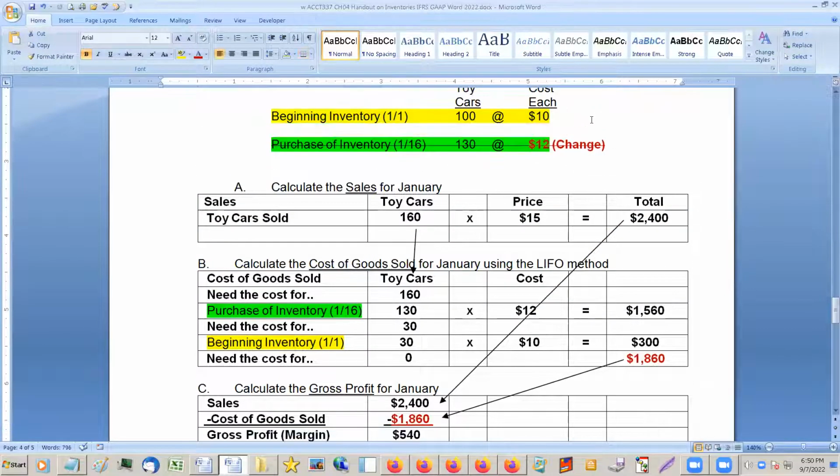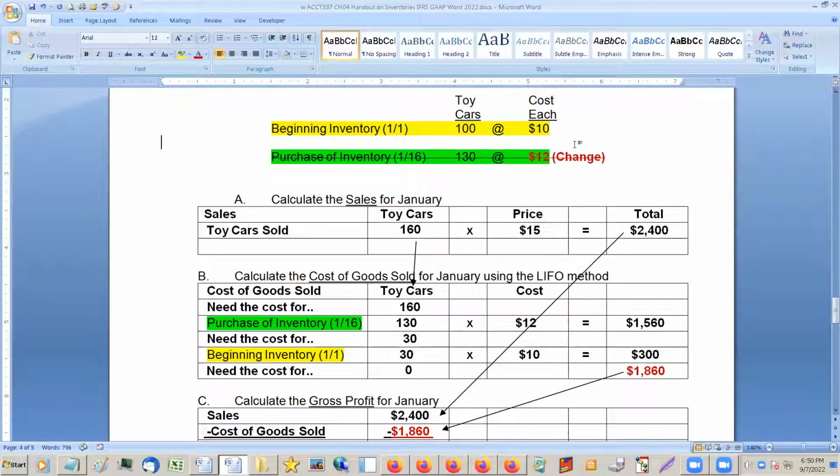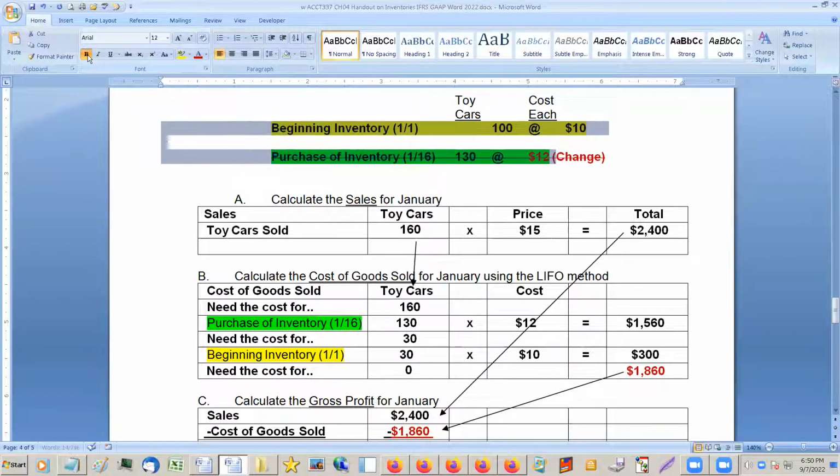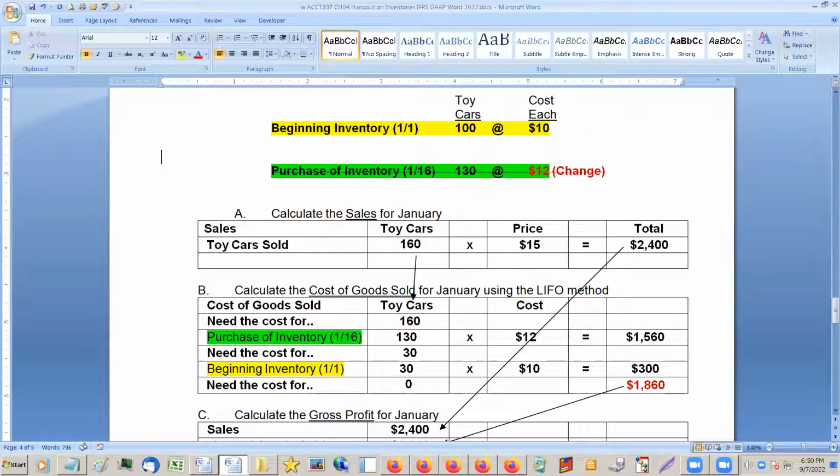Okay, and down here, we have our ending inventory. We sold 30, so the last ones in are gone.